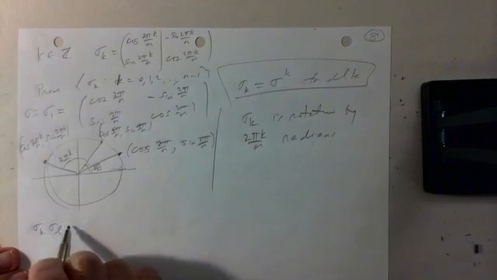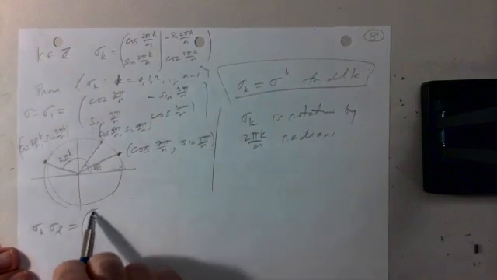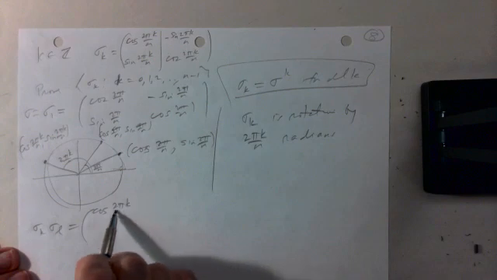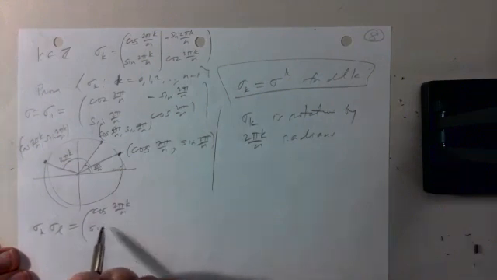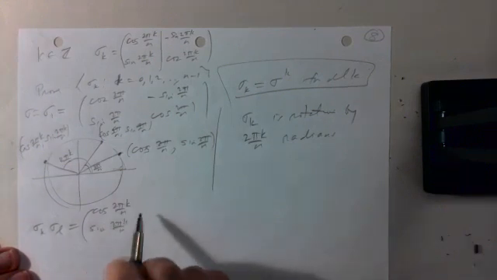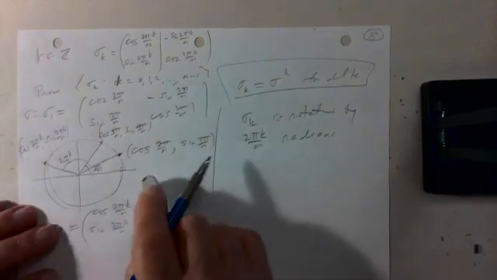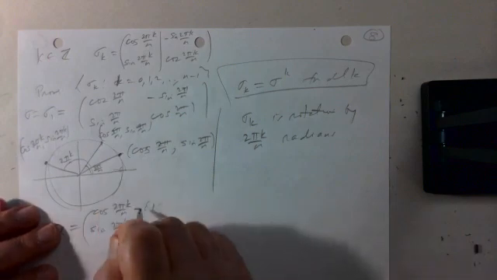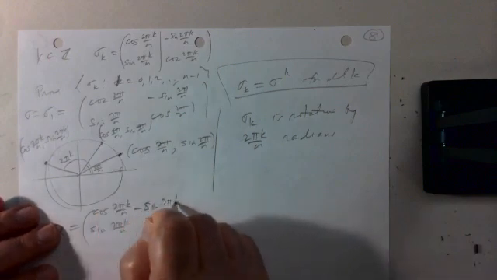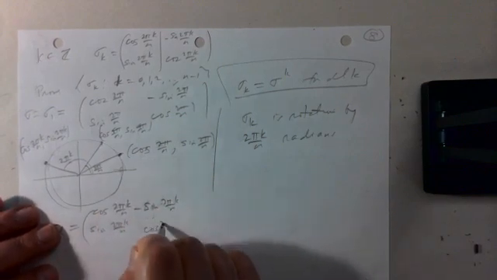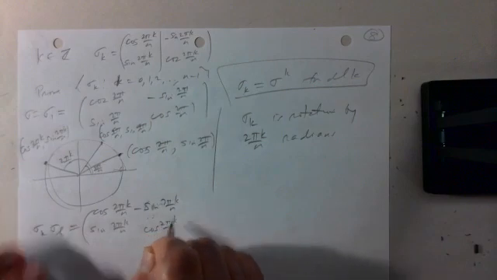If you multiply two of these matrices, you have cosine 2 pi k over n, sine 2 pi k over n, minus the sine 2 pi k over n, cosine 2 pi k over n.